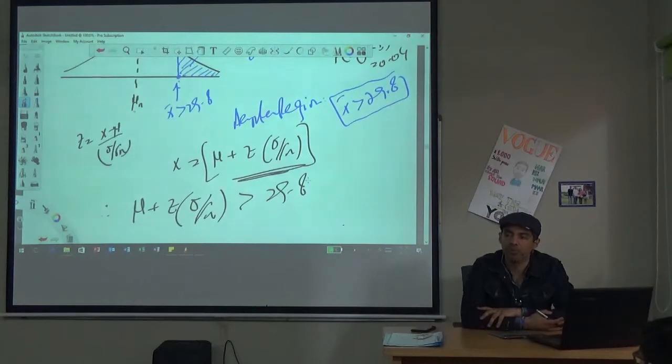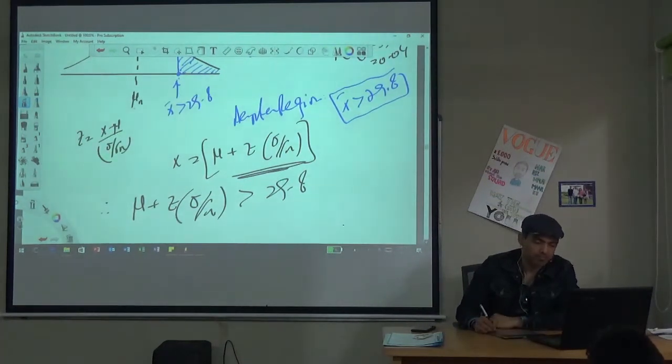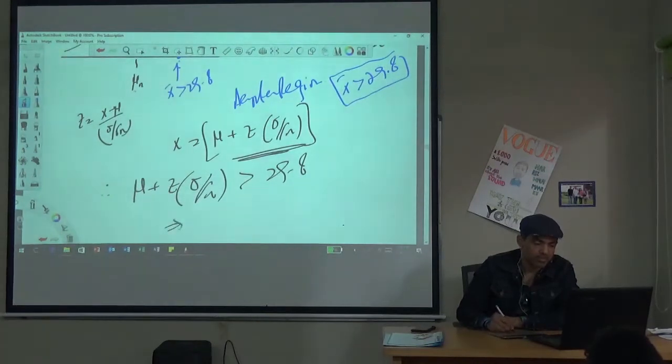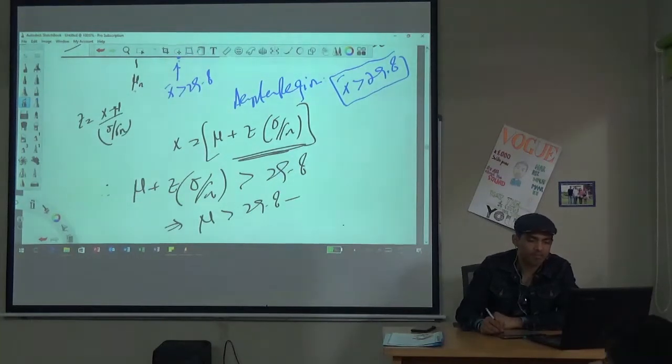Let's get the value mu out. So this implies mu is greater than 29.8 minus, what's the z value by the way?